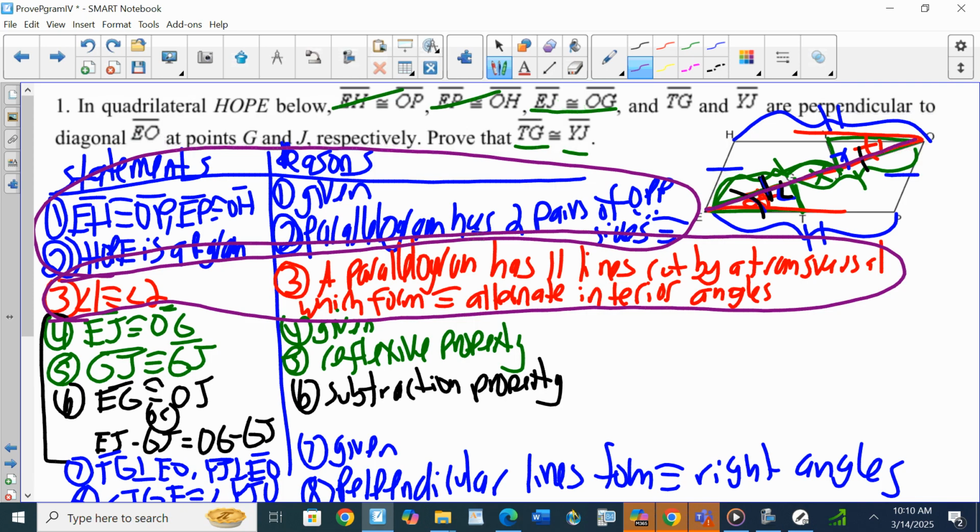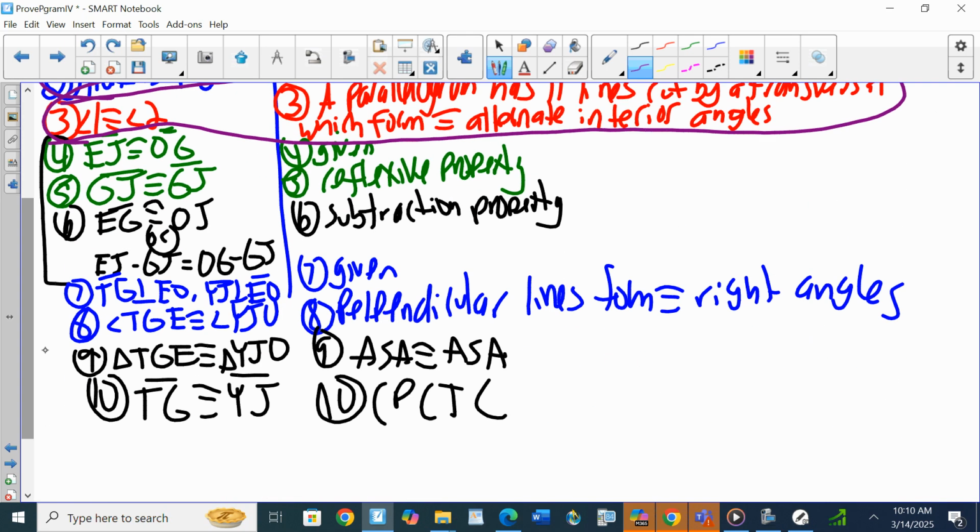That was it. I was able to carve out angle 1 and angle 2. Then I was given this segment here. That's too much, so I had to use subtraction. Then I was given perpendicular, so I did the mini proof of the perpendicular. Once I had three things, I stated the triangles were congruent. And once I had the triangles congruent, I was able to state the segments they wanted me to prove, CPCTC.